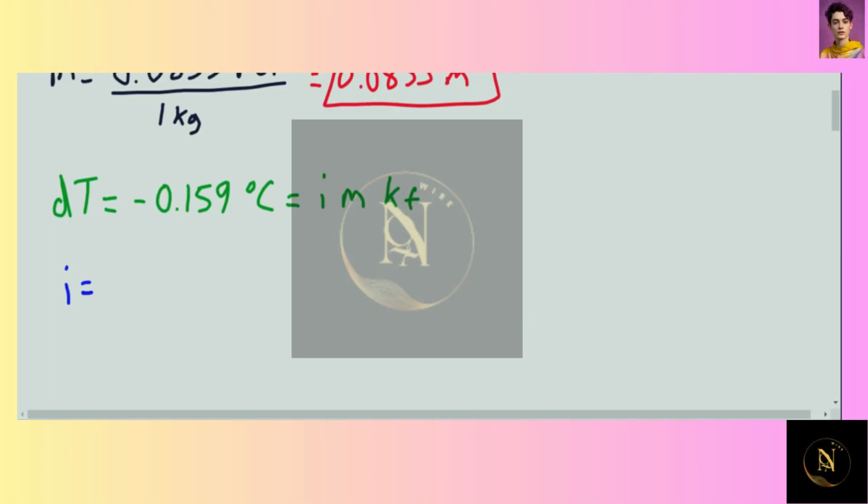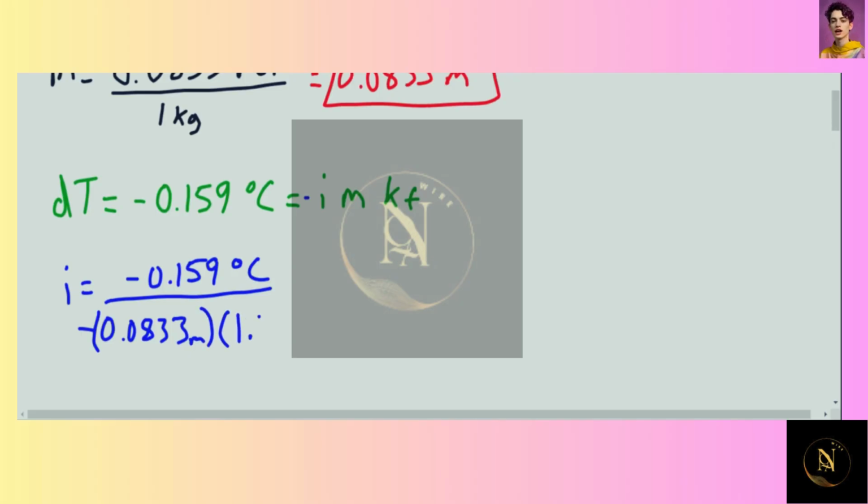So i will equal negative 0.159 degrees Celsius divided by our molality, which is 0.0833, and our constant, which is 1.86. When we do this calculation, we get a value of 1.03.